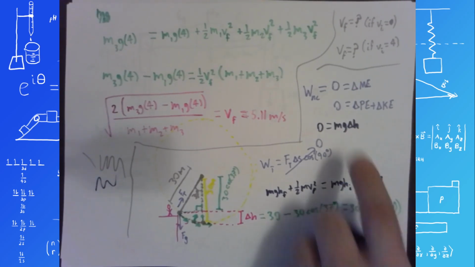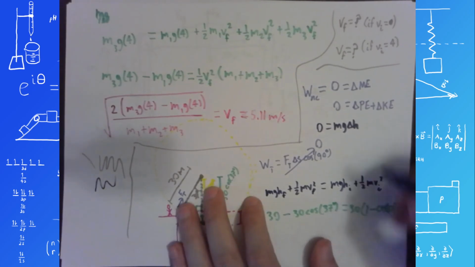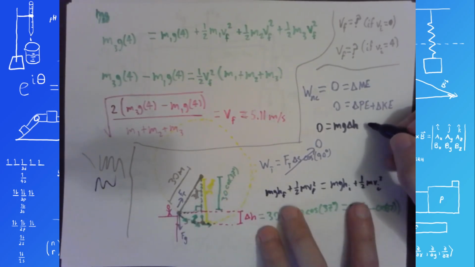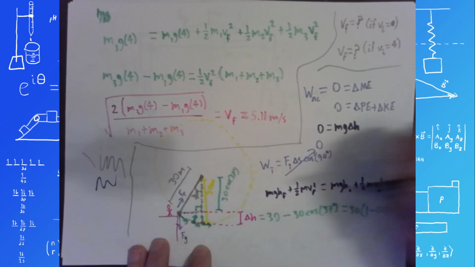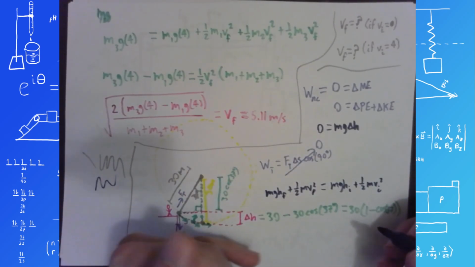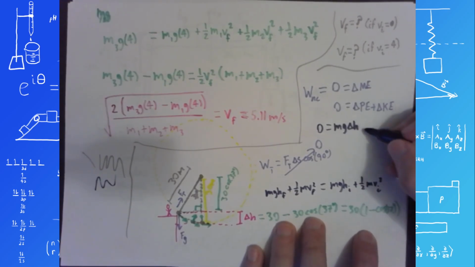So that's why I'm doing it this way, just to skip a couple of algebra steps. But you're more than welcome to do it this way, and it'll work fine. You could define one of these heights to be 0. I guess maybe you would define the lower one to be 0. But anyway, plus change in kinetic energy, I'll just leave that as delta KE for now.